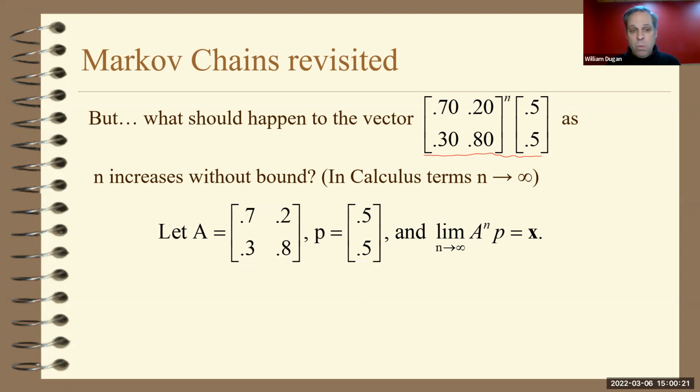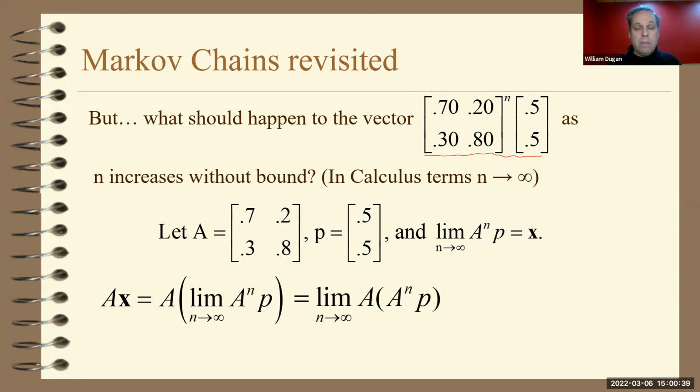Well, what happens if we took A times X then? Well, X is this weird limit thing. One of the properties of calculus, though, is that you can swap orders of constant multiplication and limits, and a matrix is kind of like a constant multiplication. So you can swap those, but then you have A times a product, where that product is a product of other matrices.